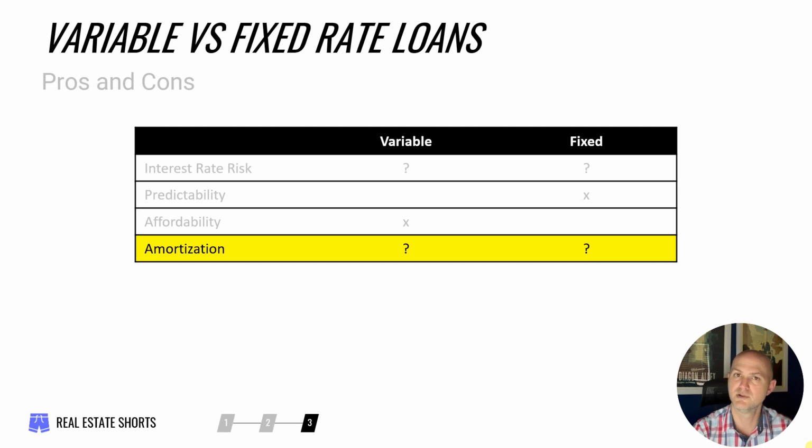I think there's a couple different kinds of amortizing structures, which we'll cover in another video, but it's possible for you to have both in certain circumstances. So I think the real lesson here is, I don't know if there's necessarily a good or bad loan or a good or bad difference between the two. It really is up to the borrower to decide what their strategy is and then pick the right option between them.